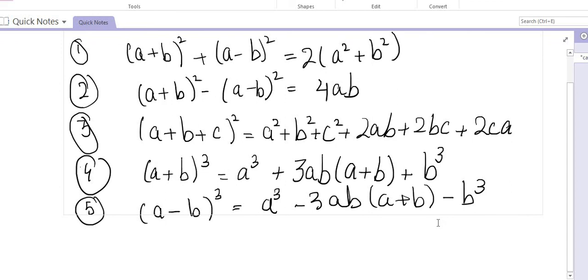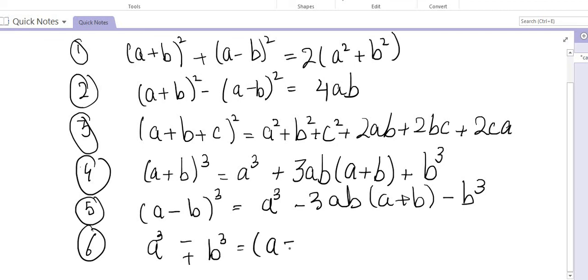Sixth, last one, a cube plus or minus b cube.